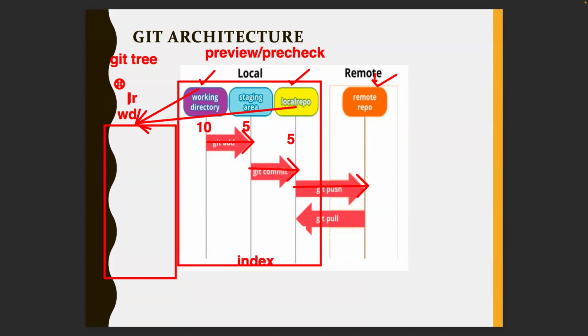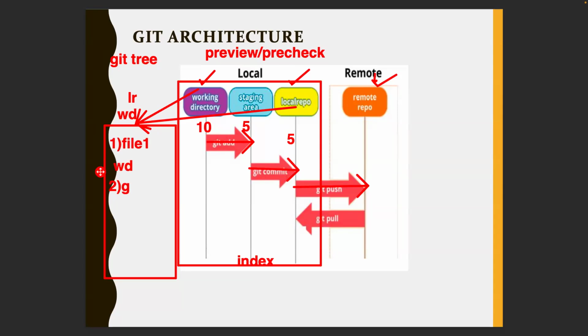Logically, they are different. How are they different logically? Let me tell you. Suppose you created some file here, or copied this file from some other folder, you placed a file in this folder, right? Then this is said to be in the working directory.